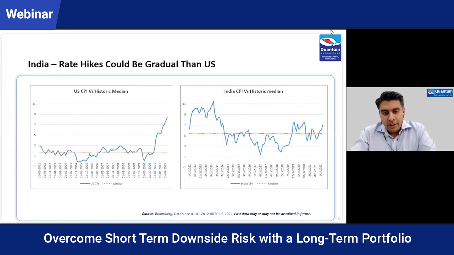So look at the differences in inflation that we were talking about. The US, if you look at the last 10 years, has not seen inflation levels above 3%. It used to be between 0 to 3% largely. Whereas now it's closer to 9%. So it's a remarkable shift from 3% at the max to 9% now. And in India, we have seen such high levels of inflation before.